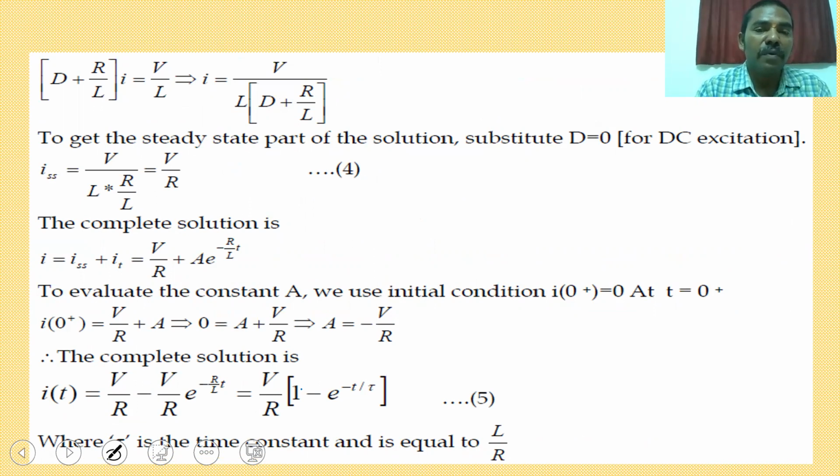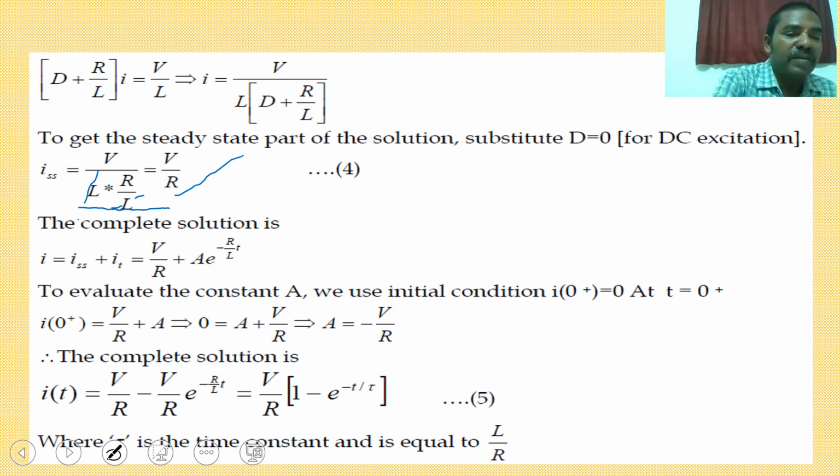If you multiply by D, which is d by dt, the constant value differentiated gives 0. So finally L into R by L, and L and L get cancelled. So you get I is equal to V by R. This is your particular integral value, and it is also the steady state value.